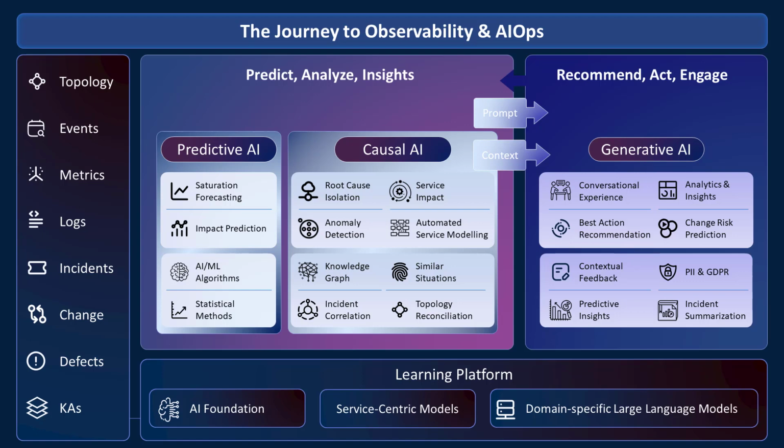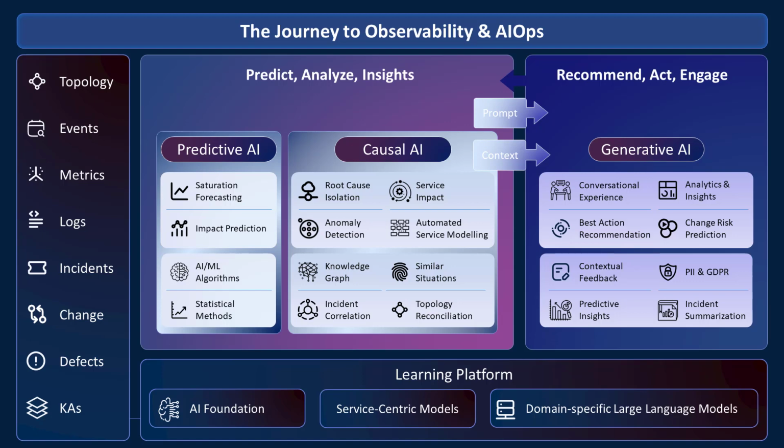So you want to have a learning platform with an AI foundation. You want to be able to talk in service terms, not in infrastructure, so service-centric models. And you want to have domain-specific large language models that know how to understand the human written part of it, but also know how to explain things in human readable form.